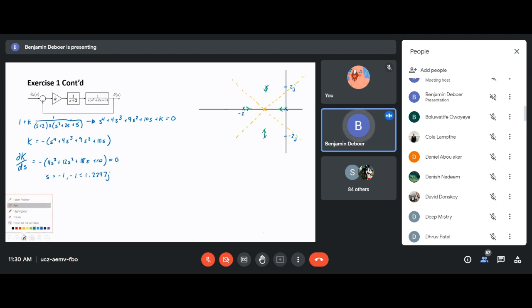With this information, we can go to our root locus plot and say we know we have a breakout point here. Root loci are going to meet at this location and then break away. We also know we have a breakout point roughly around here, where the same thing is going to happen, and the root loci meet and then break away from one another in completely opposite directions. They actually break away at 90 degrees.